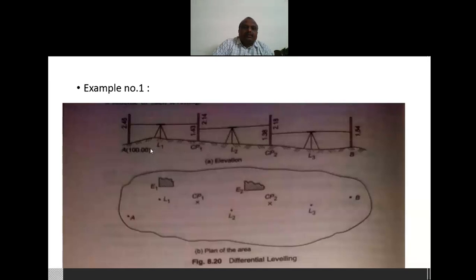Here, station A is far away from station B. In this case, a change point also occurs between station A and B. Here, change point 2. That means the instrument is shifted from one place to another place to find out the unknown elevation of a point.